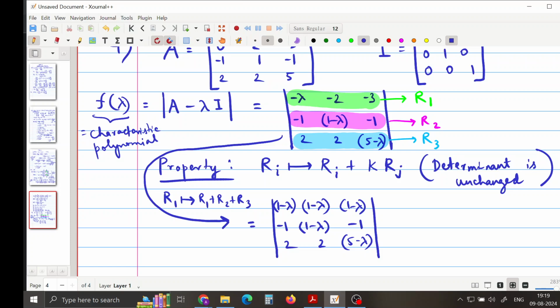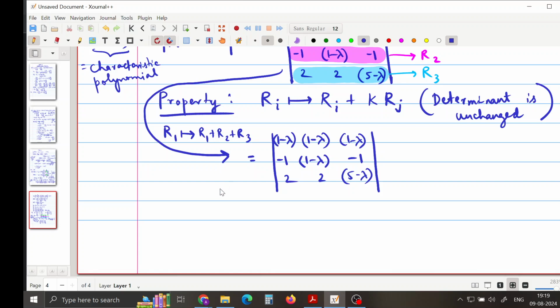Okay. And another property of determinants is that if you are able to get a scalar factor common from a particular row, you can simply pull it out of the determinant.